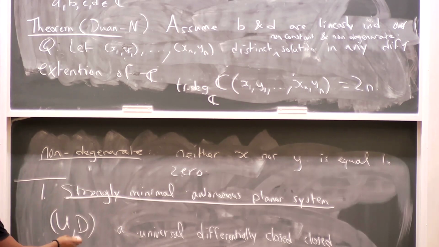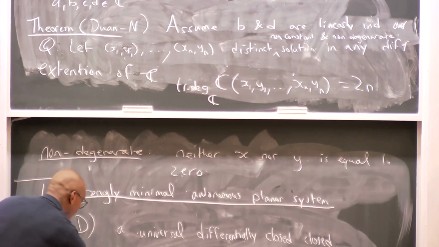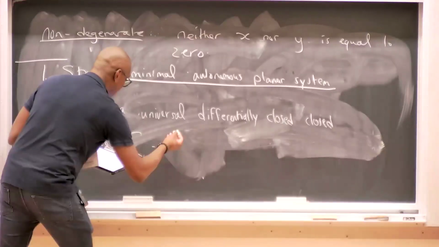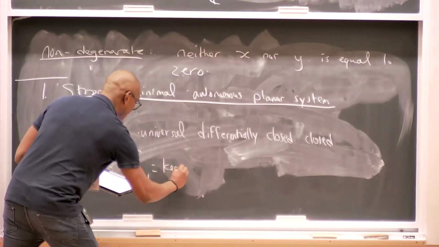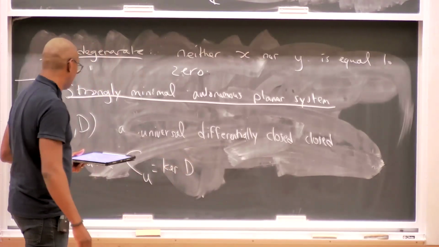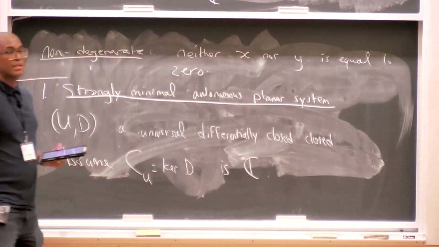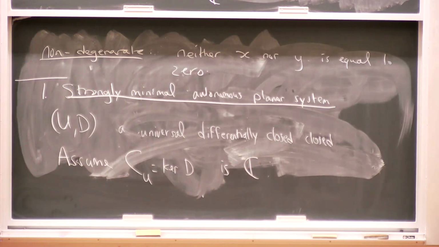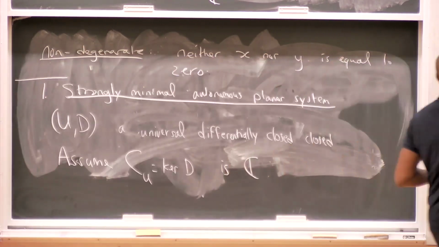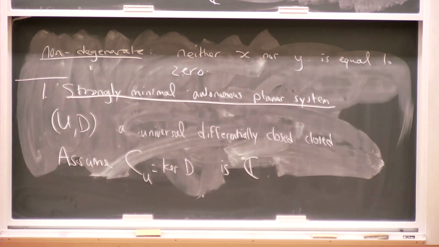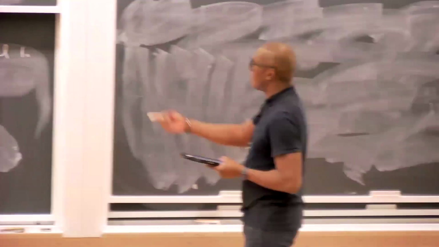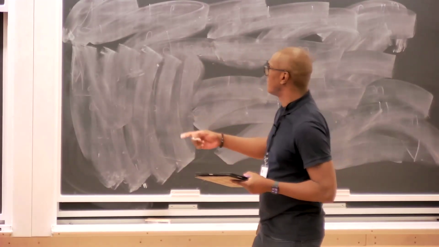So I'm going to assume that the constants, the kernel of D, let me use Sebastian's notation, is the field of complex numbers. I can assume that by making an assumption on the cardinality of U, for example. All right, so now I want to work with an autonomous planar system.